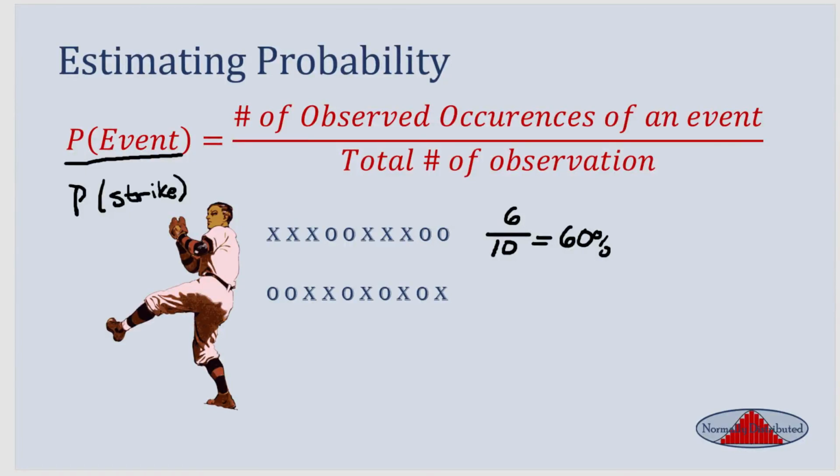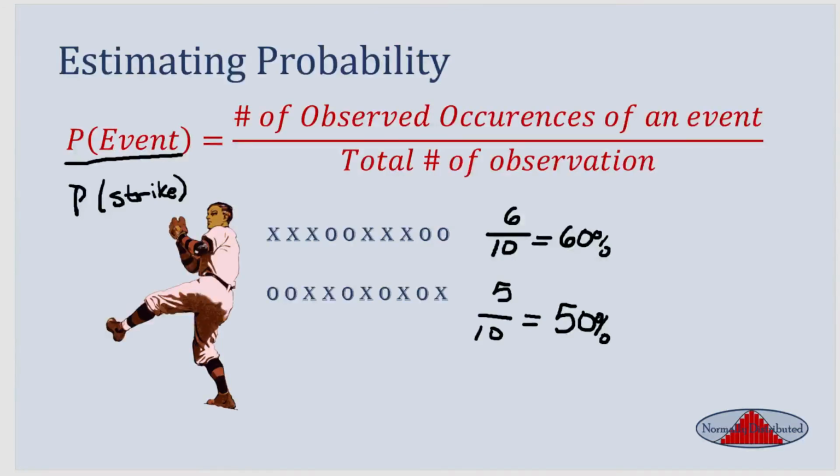All right, let's go ahead and do this again. We watched another 10 pitches from the other pitcher, and we saw that he threw 5 strikes out of the 10 pitches. So that means this pitcher throws a little bit fewer strikes, and you can say that his probability of throwing a strike is 50%.